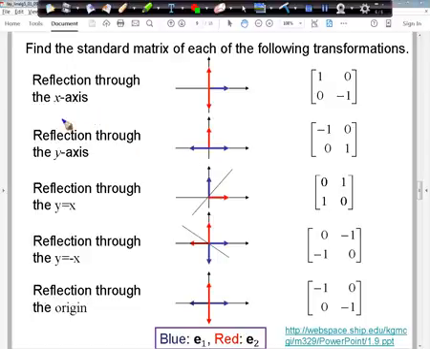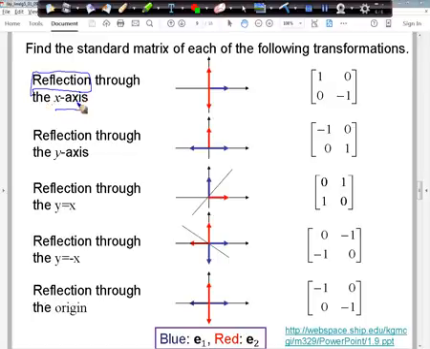In this case, there are like 5 examples here. Here we are handling a reflection, reflecting through the x-axis. Those blue and red vectors are the results of transforming 1, 0 and 0, 1.